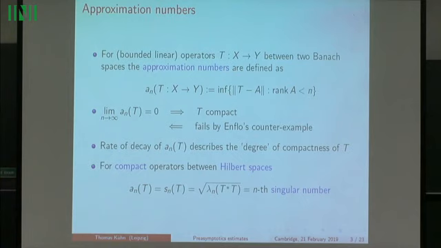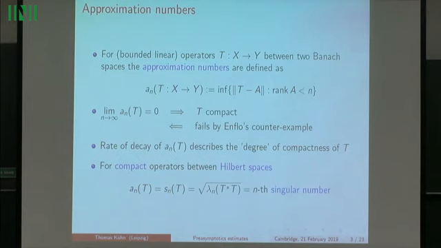Okay, approximation numbers, I can go fast through this slide. They appeared in previous talks already, and they are well known. For bounded linear operators T from X to Y, where X and Y are Banach spaces, or maybe also quasi-Banach spaces, which will not be the case here in this talk, the approximation numbers are defined.